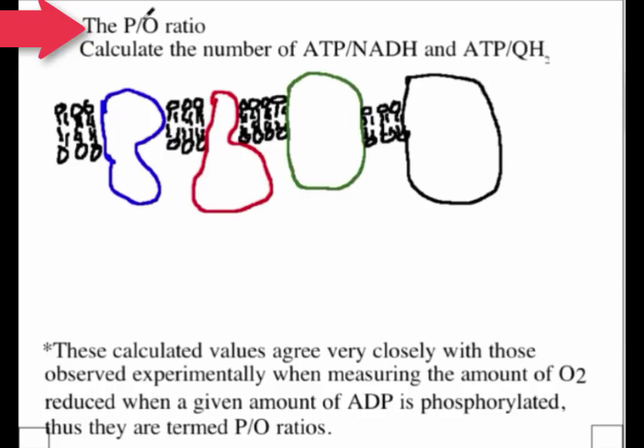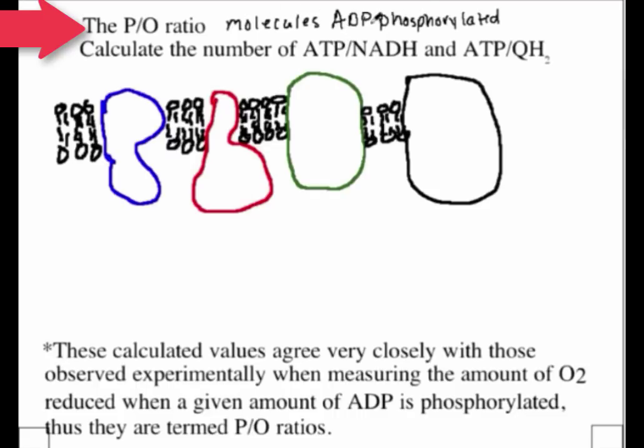So P is going to stand for the molecules of ADP phosphorylated. So let me write this down: molecules ADP phosphorylated. The number of molecules of ADP phosphorylated could also be stated, right?